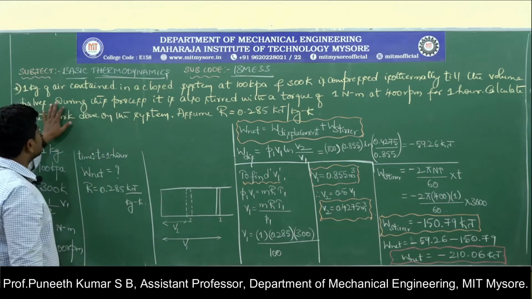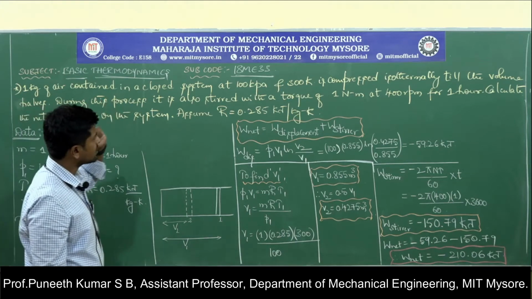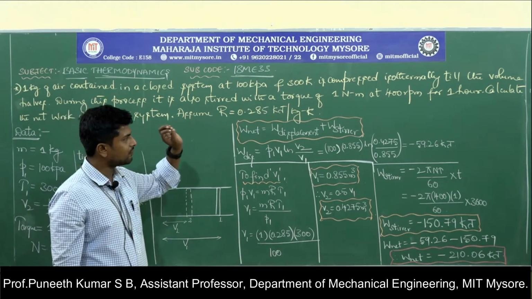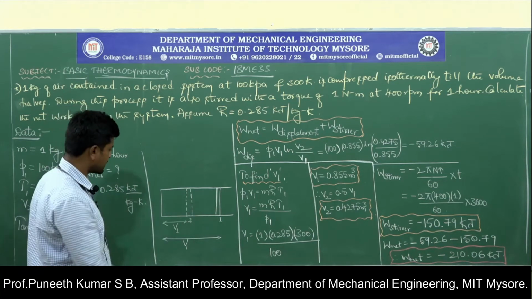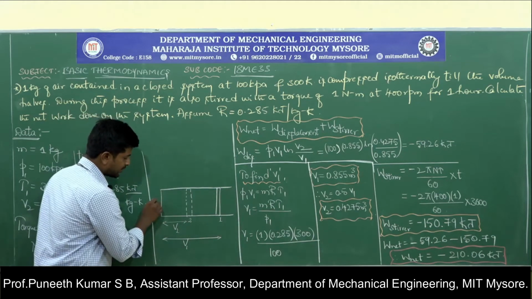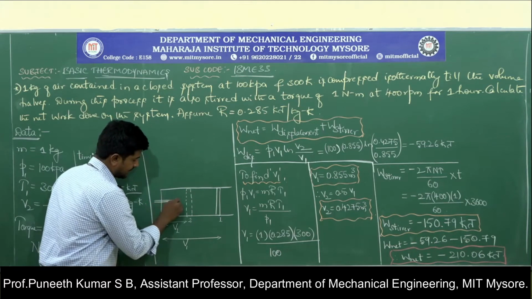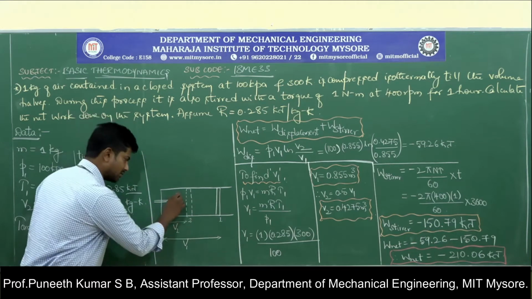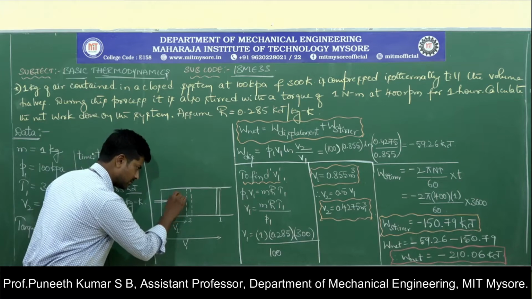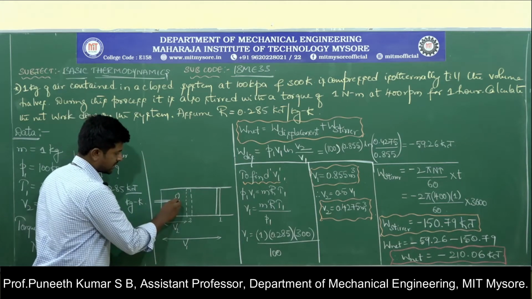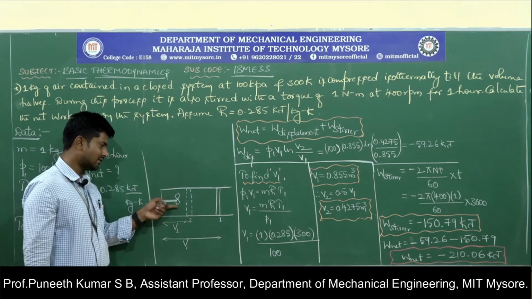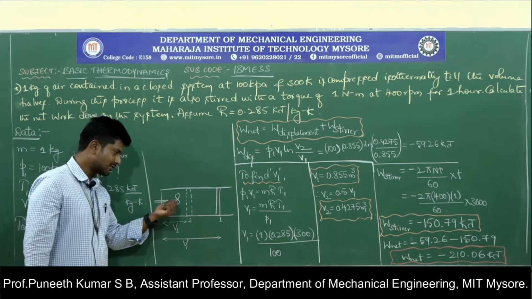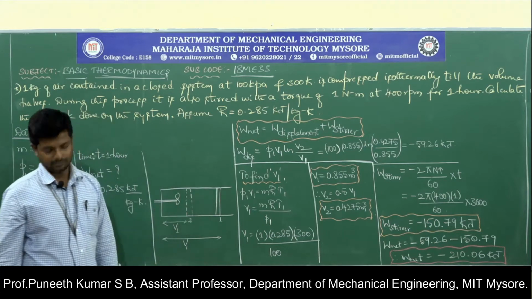Okay. During this process, it is also stirred with a torque of 1 Newton meter at an RPM of 400. So how is the arrangement done? There is a stirrer which is provided for the stirring of the gas, or for the stirring of the system.